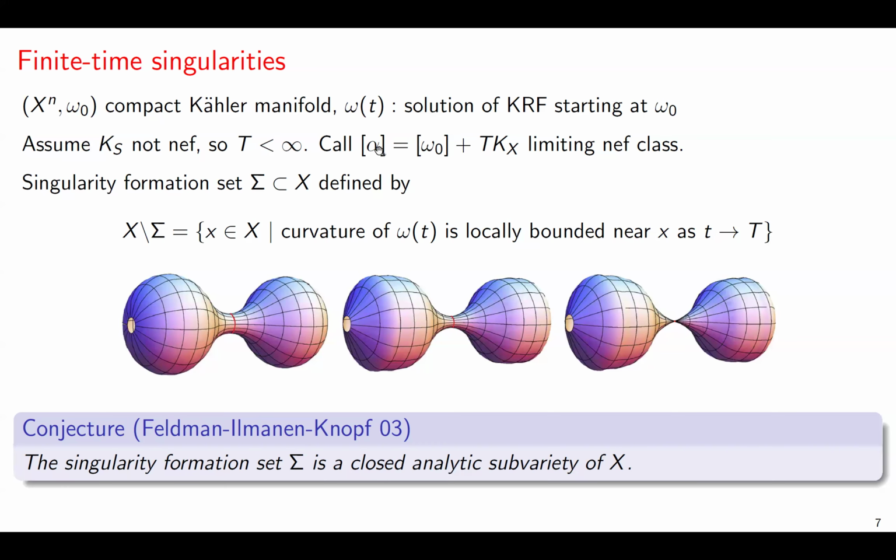And this class is certainly in the nef cone because the nef cone is closed. And there was a conjecture about how the singularities could be forming along the flow. So the people studying the geometric flows are especially interested in where curvature blows up or where curvature is bounded.